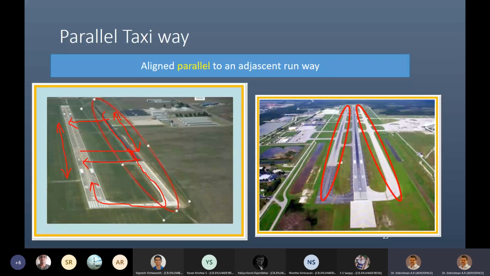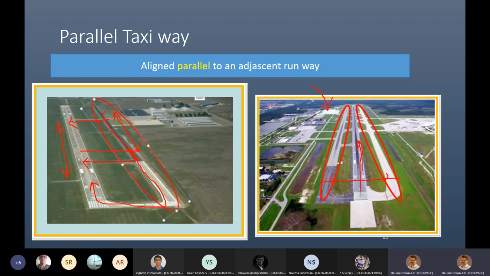In the right hand side picture, you can see again you have the centrally located runway, and on either side of it you can see parallel taxiways.